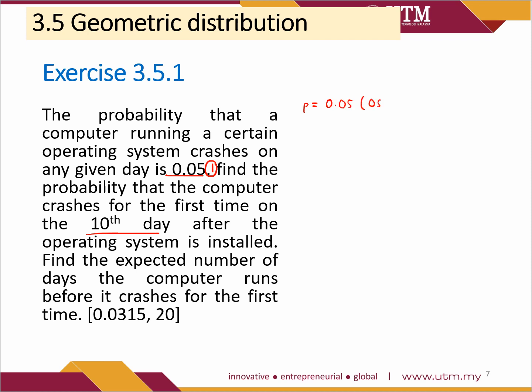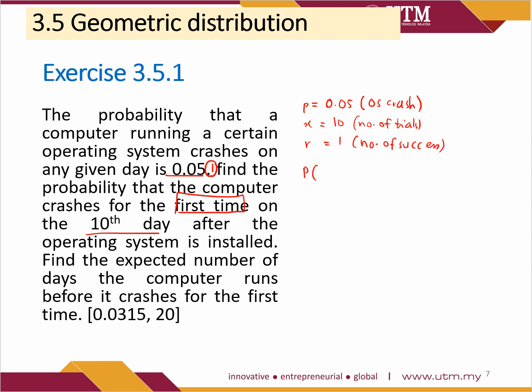So this is our OS crash. Find the probability that the computer crashes for the first time on the 10th day. The 10th day is your number of trials, given this would be your x, and the first time is your number of successes, 1.